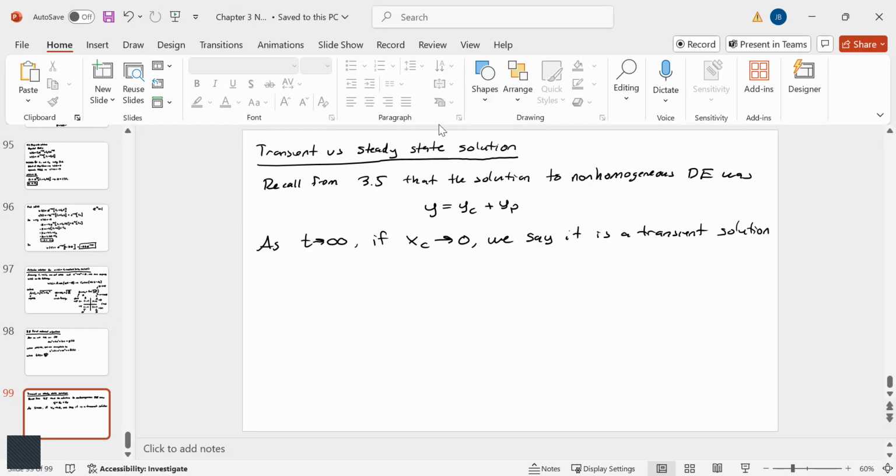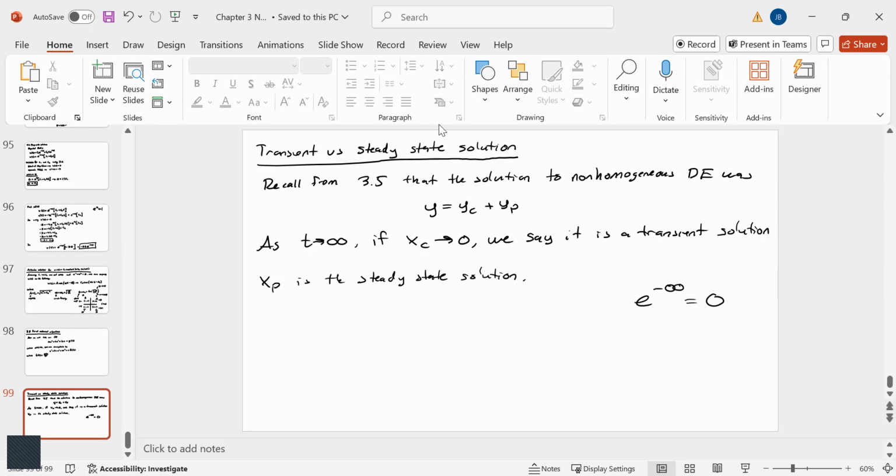It could be any term, but as long as a term is going to 0, we say it's transient. xp, the particular solution, is the steady state solution.